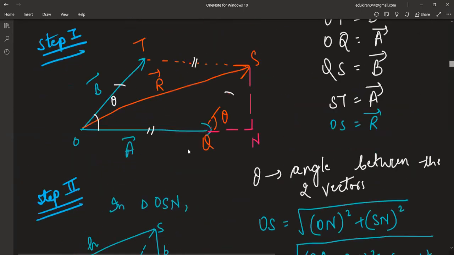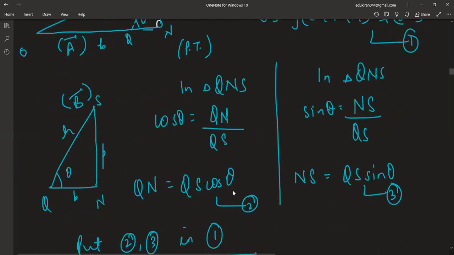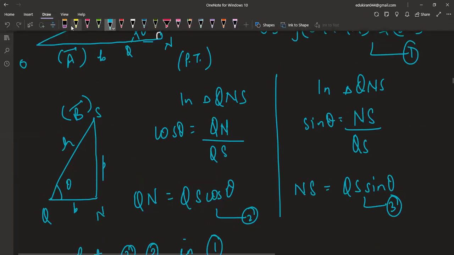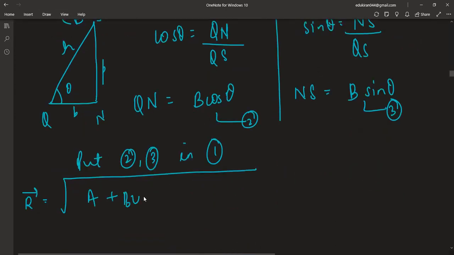What is QN? We didn't know it, so we calculated this is QS cos theta. QS cos theta means what? QS is vector B. So this becomes A plus B cos theta whole square, plus NS square, that is B sine theta whole square.